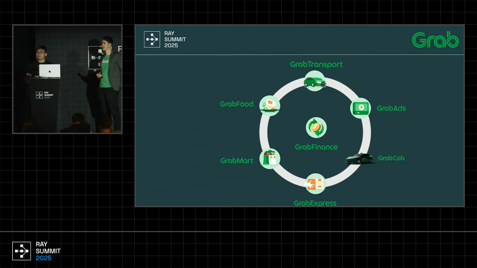We started as a ride-hailing company, but now we have expanded our business into multiple verticals, including food delivery, grocery shopping, logistics, advertisement, and more. And at the core of the Grab ecosystem, we also provide digital wallet and lending solutions, which enable seamless transactions across all the services we provide in Grab.